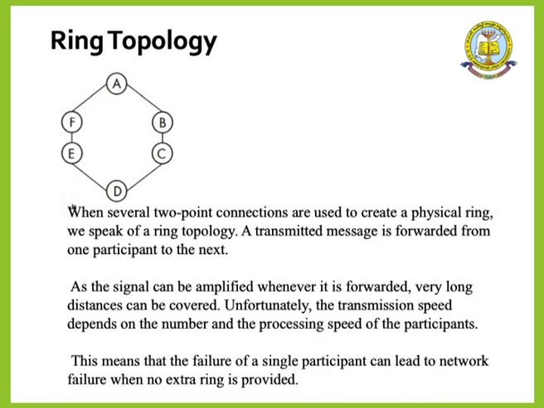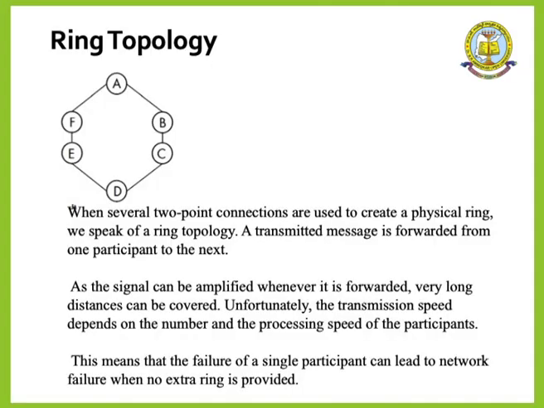So A communicates something to B, and B forwards the message to C, C to D, D conveys the message to E, and E forwards the message to F. So there is one sender, and that sender's message is passed on by all the receivers present in the network. The problem with this kind of network is that the failure of one participant can lead to the failure of the entire message. That is the problem with ring topology.